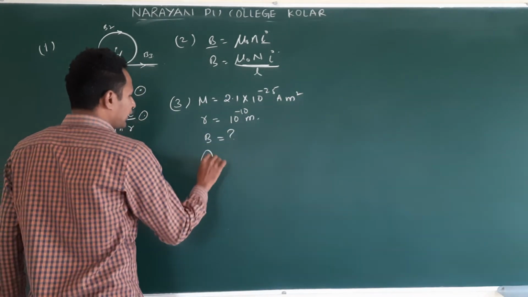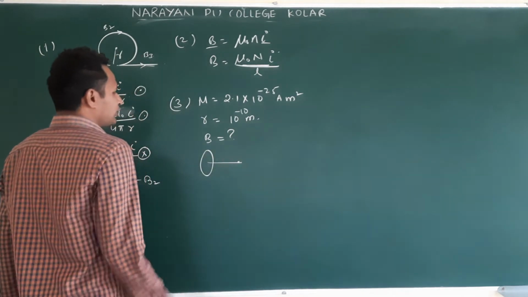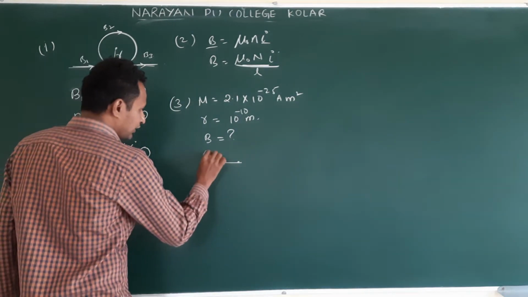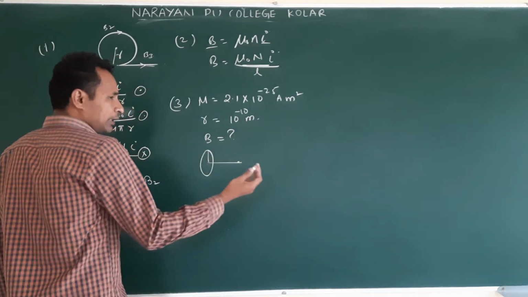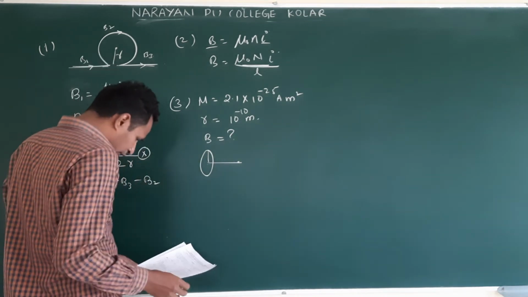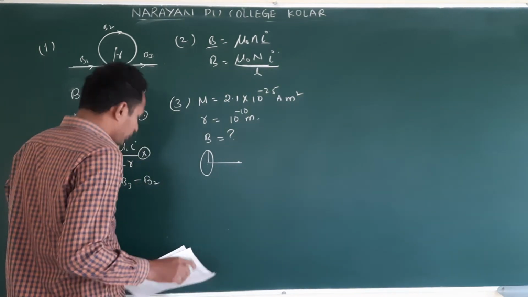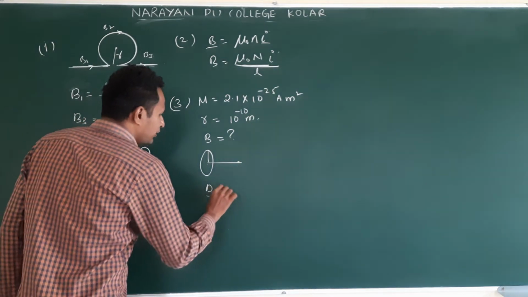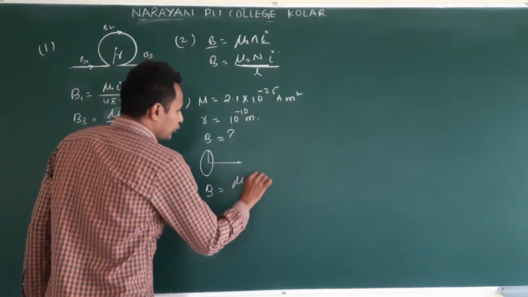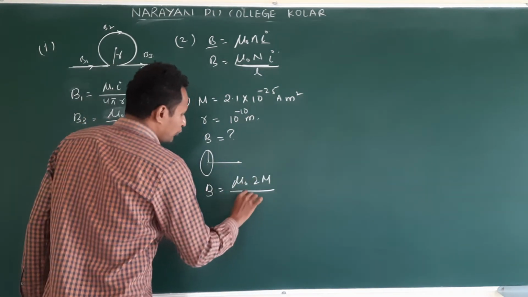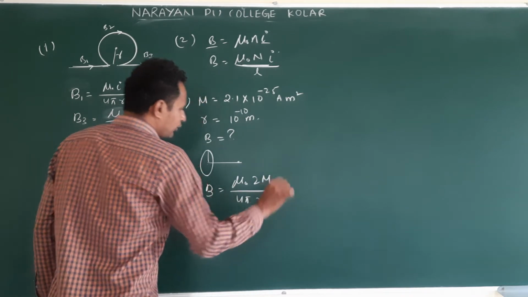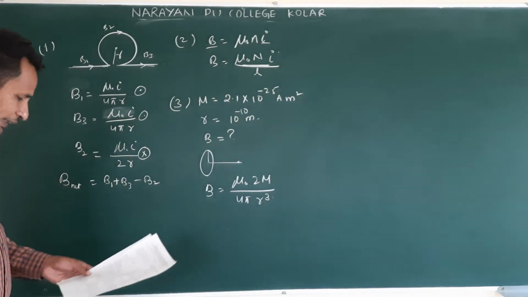Okay, this circular coil, it is on the axis. So for a circular coil on the axis, where the radius and distance are compared, they have given the magnetic moment of the current carrying loop. So magnetic field B is equal to mu naught 2M by 4 pi R cube. Substitute, you will get the answer.